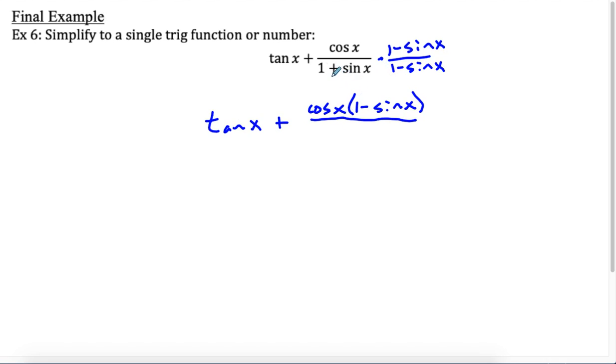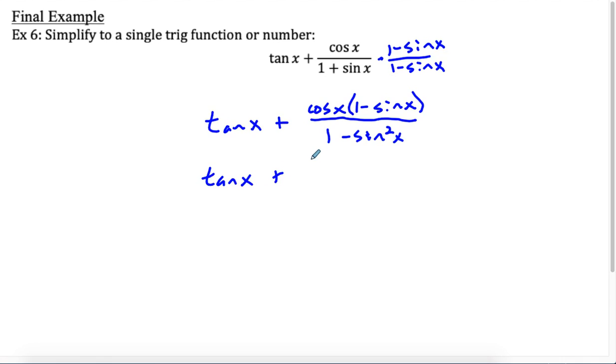In the denominator, I will end up with 1 times 1 is 1. 1 times negative sine is negative sine. Then we'll have plus sine. So those will cancel. Negative sine, plus sine, and then minus sine squared. Again, this is a manipulation of one of the Pythagorean identities. 1 minus sine squared is just cosine squared.